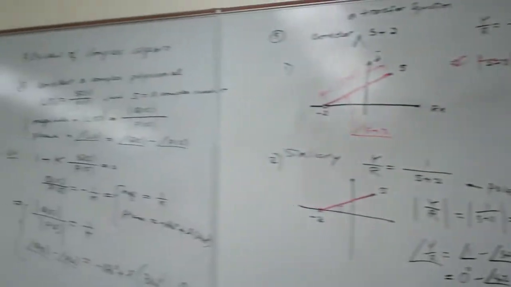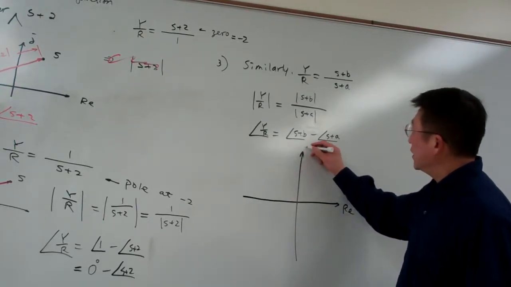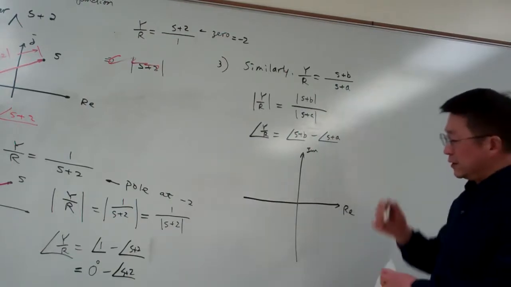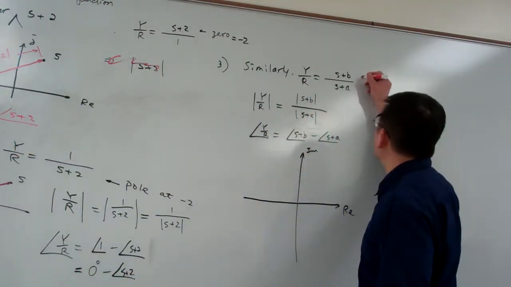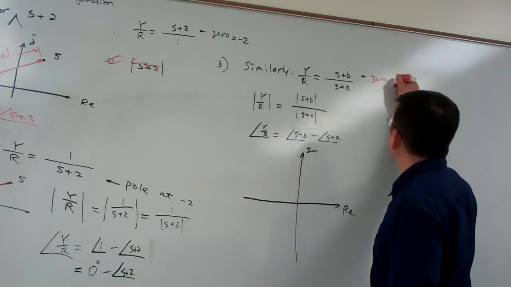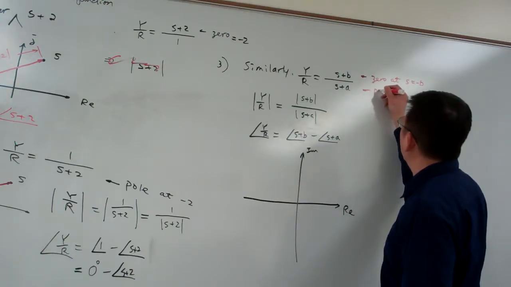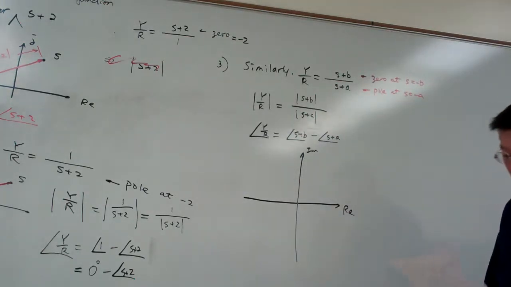Graphically, that is more useful here. So that is the real part and imaginary part here. Okay. From here we have a zero at s equal to minus b, and we have a pole at s equal to minus a. So let me label it.